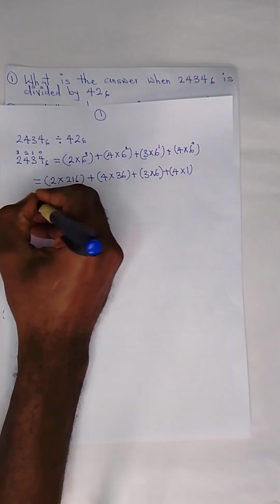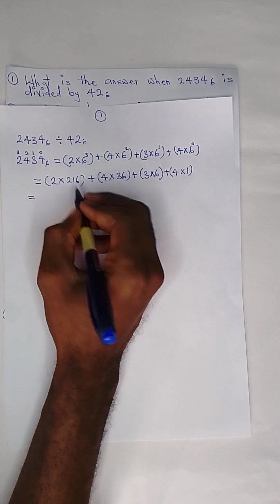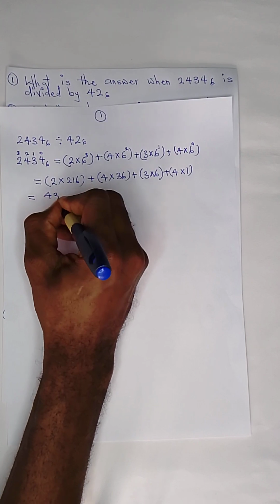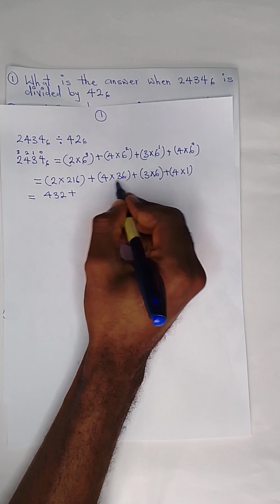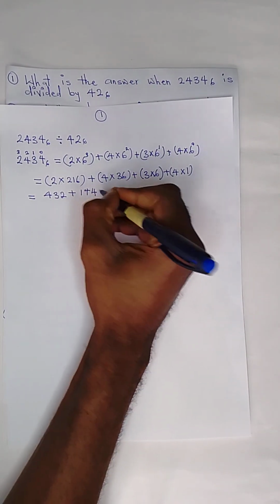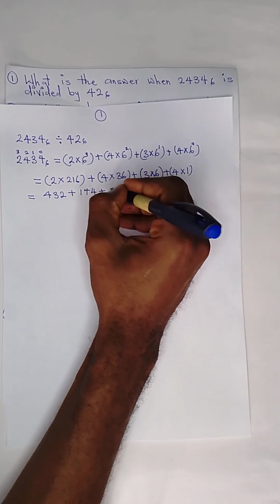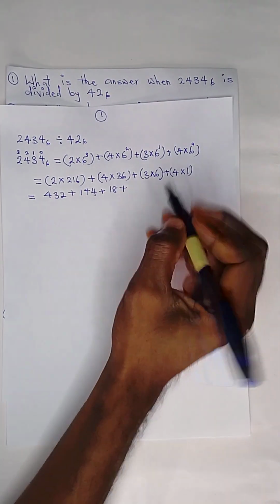So what's the next thing we do? We multiply this 2 times 216, which will give us 432, plus 4 times 36, which gives us 144, plus 3 times 6 is 18, then plus 4 times 1 is 4.